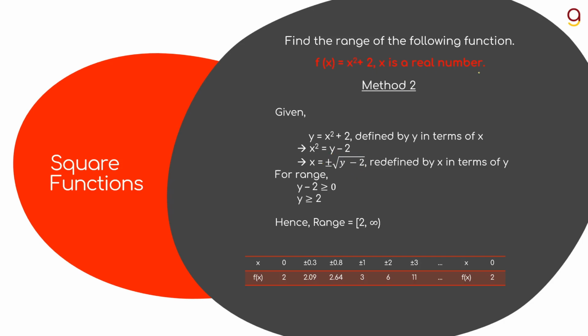So for the range, y minus 2 is greater than or equal to 0. As y minus 2 is greater than or equal to 0, we get y is greater than or equal to 2. So the range will be greater than or equal to 2, including all the positive numbers. Hope you are clear till here.